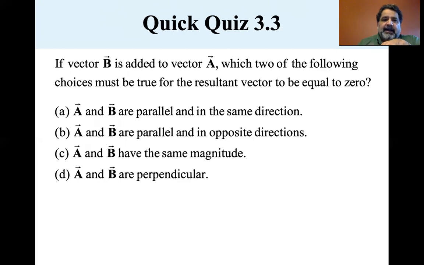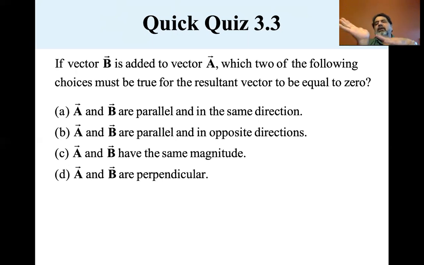Okay. If vector B is added to vector A, which two of the following choices must be true for the resultant vector to be equal to 0, in which B plus A equals 0? A and B are parallel and in the same direction.